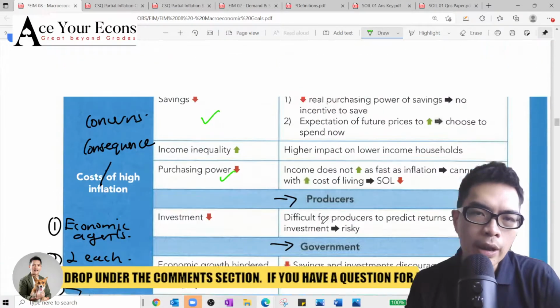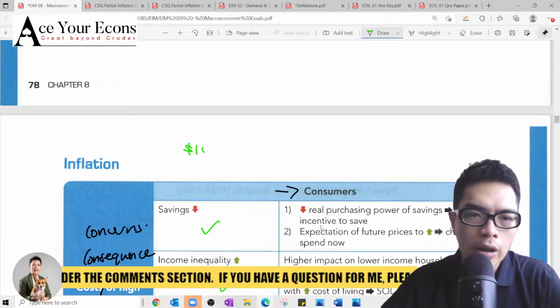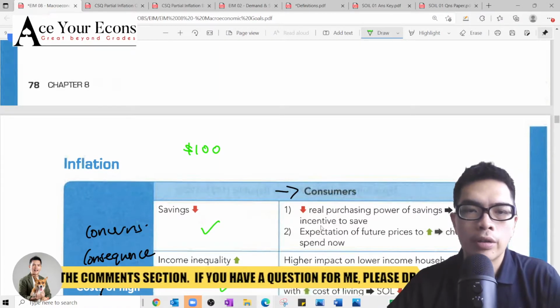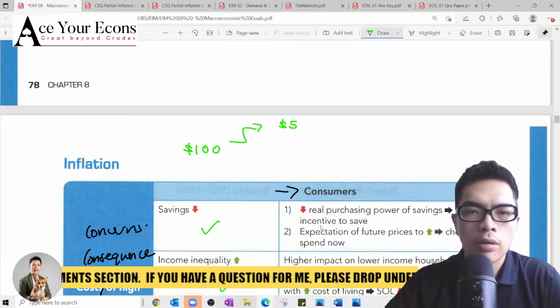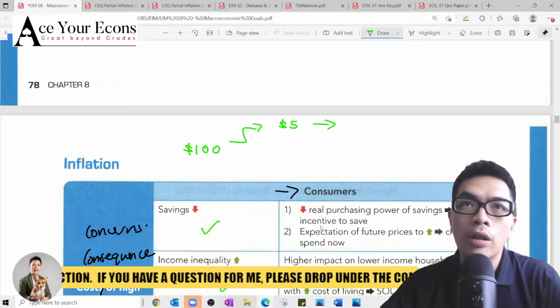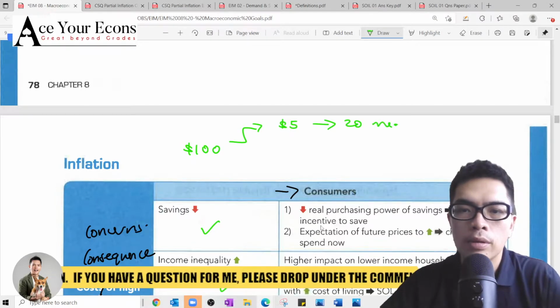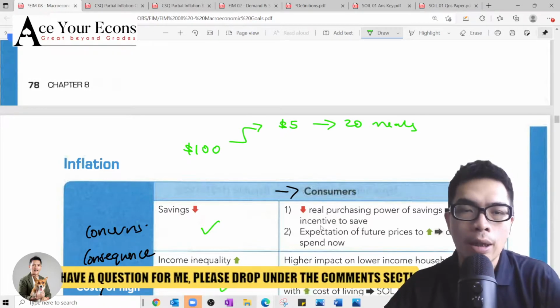So the example that I often use is this. Let's say all of your pocket money is $100, and you consume fast food every day at $5. How many meals can you consume? 20 meals a week. Agreed? So how does inflation come into the picture?